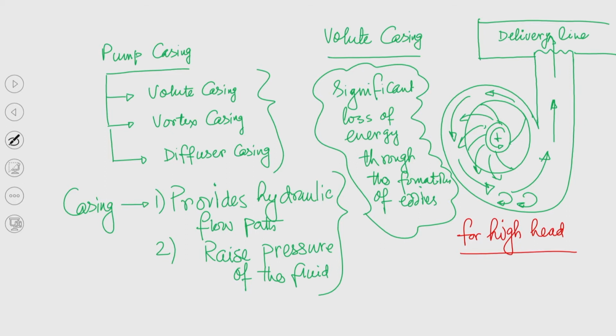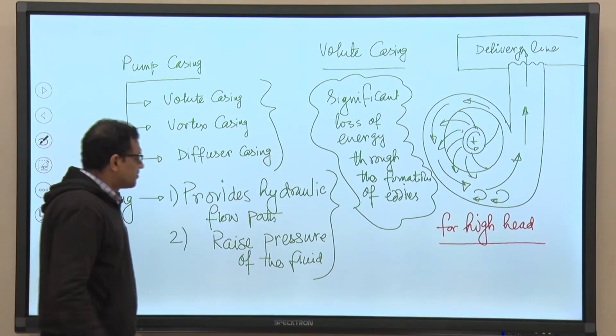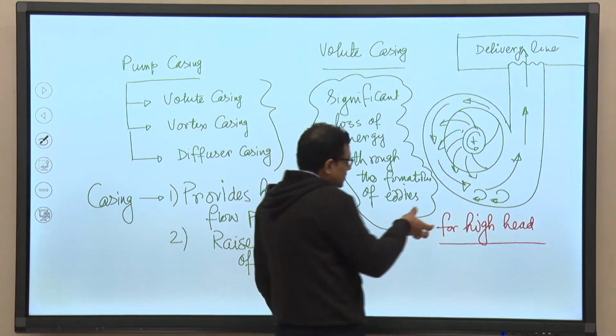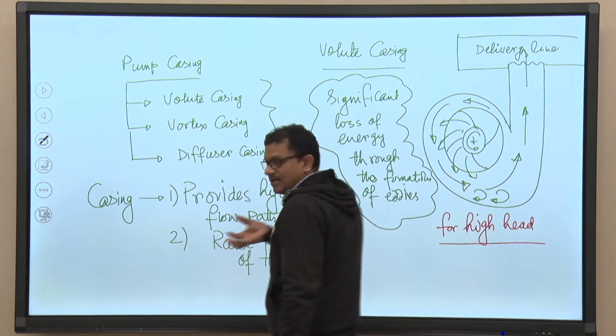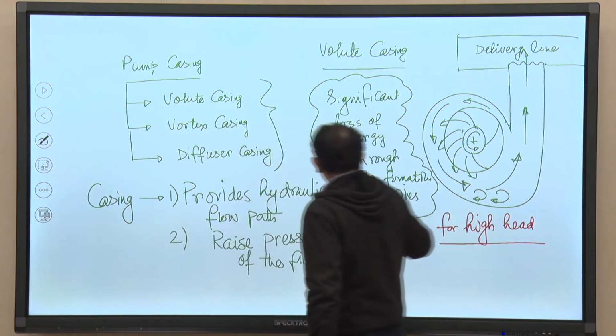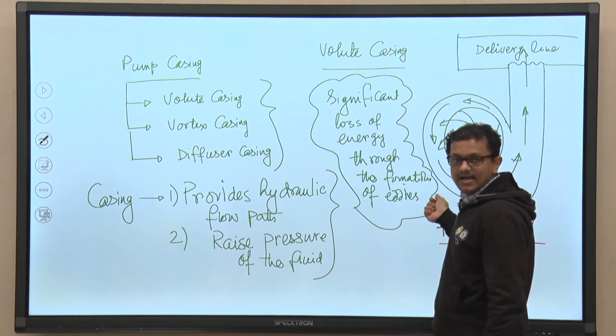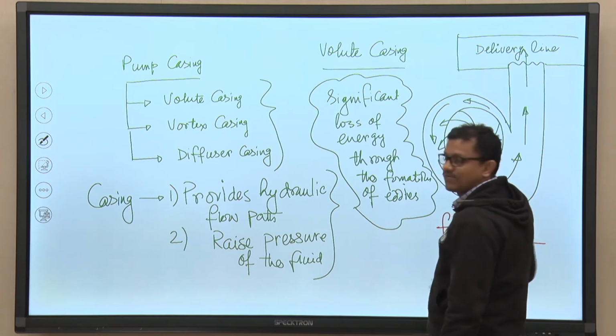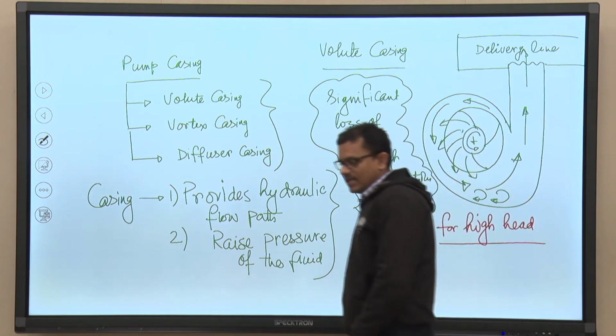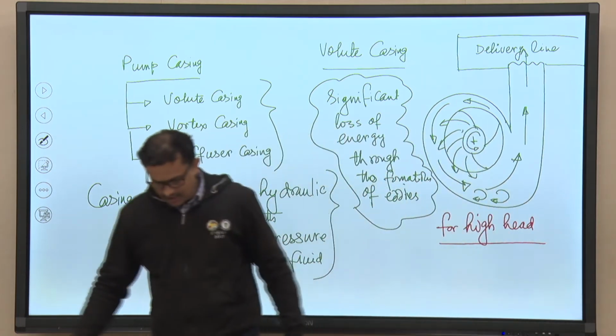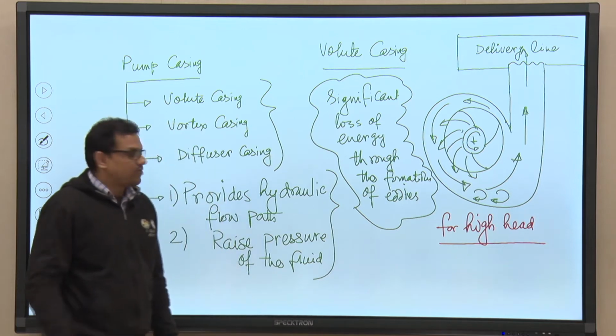If we now go to the next one, so that means in this volute casing you can understand that since the area is gradually increasing, we can definitely arrest the kinetic head energy and convert it into pressure head. So, this is really suitable for high head, though eddies are formed.